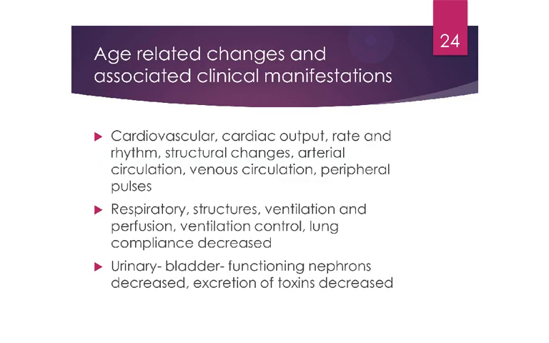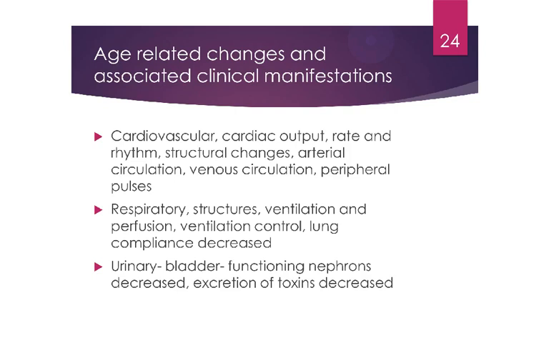So there's many different age-related changes and associated clinical manifestations that we need to be aware of when we're aging. There are changes to our cardiovascular system, the heart rate and rhythm. It's quite common for aged people to have atrial fibrillation and structural changes within the heart, the venous and arterial circulation, peripheral pulses, the respiratory structures, ventilation, perfusion, all changes.